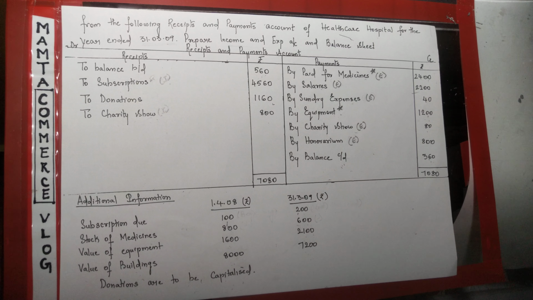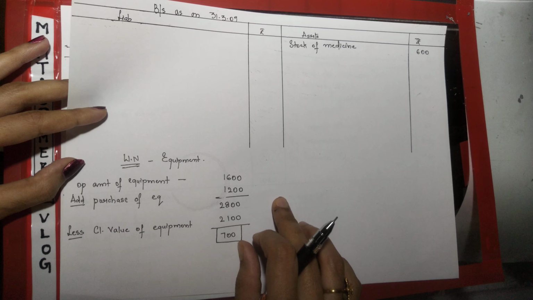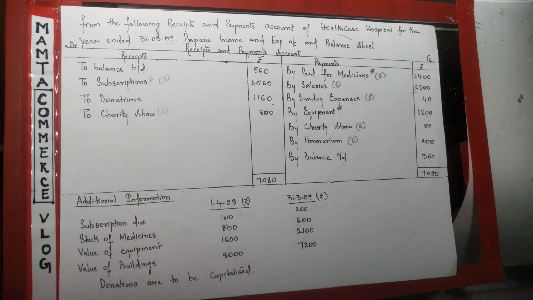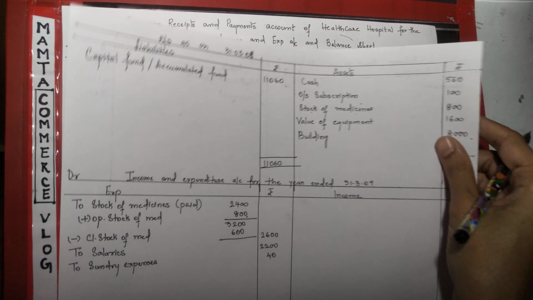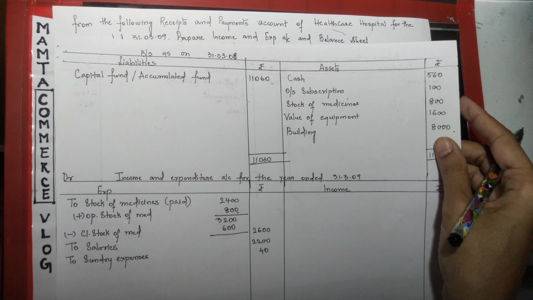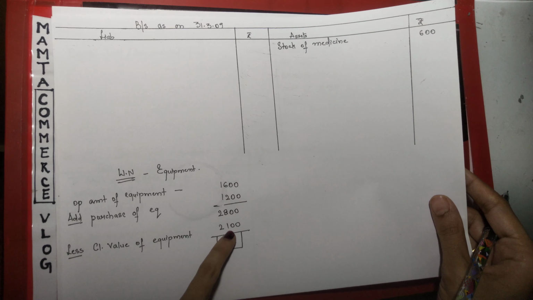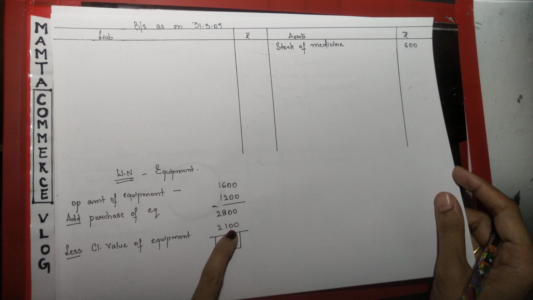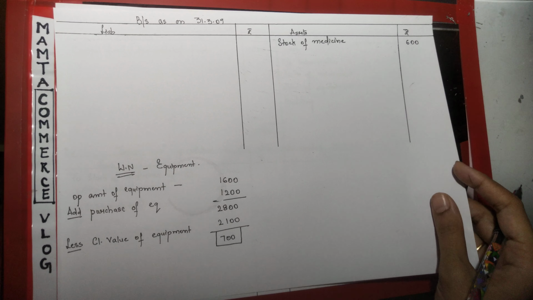Before moving to charity show, I will make a dual effect of all these points first about equipment. So opening amount of equipment I have already written, that is 1600 in my opening value of equipment. Now this 2100 rupees I will write in the closing value, that is closing balance sheet, and this 700 I will write on the debit side.